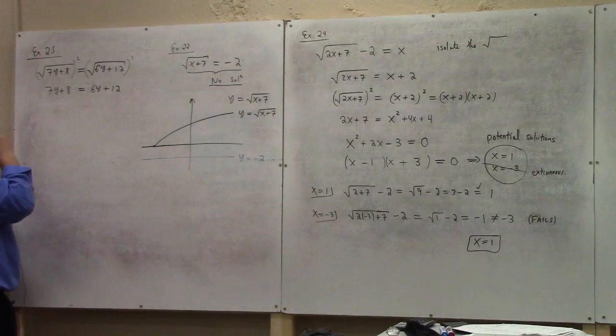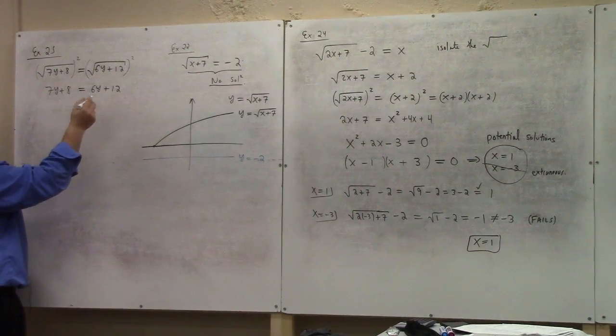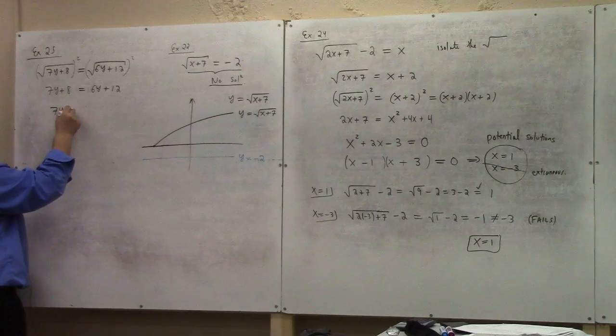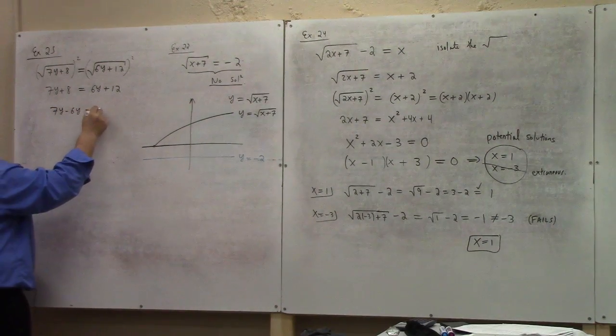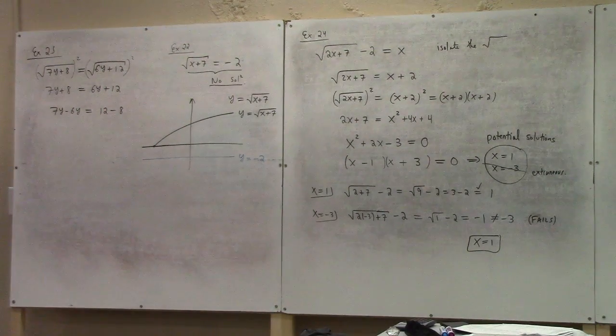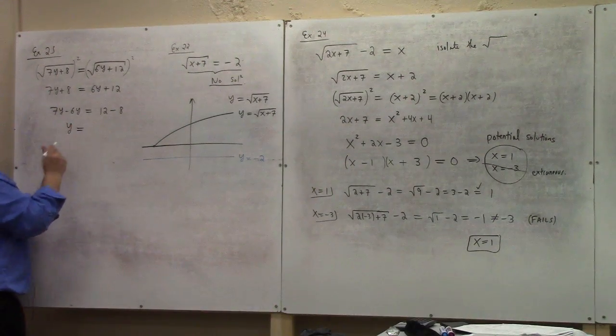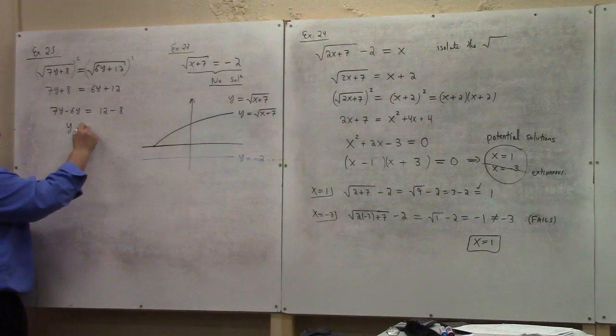And so if I subtract 6y from both sides and subtract 8 from both sides, I get that, right? Which gives me what? y equal to 4.